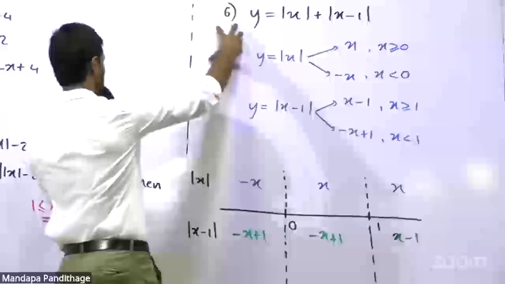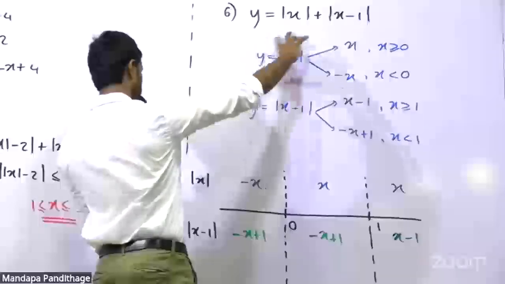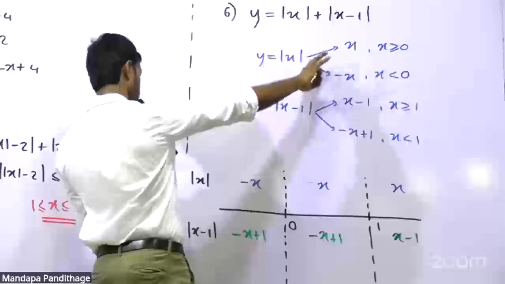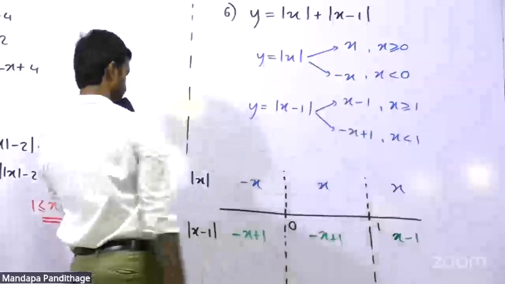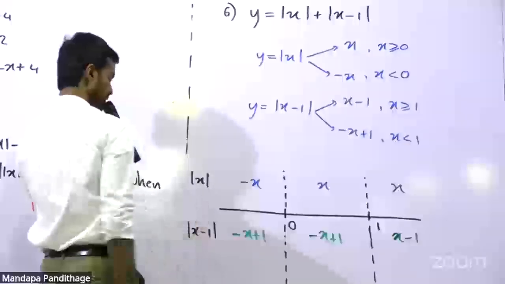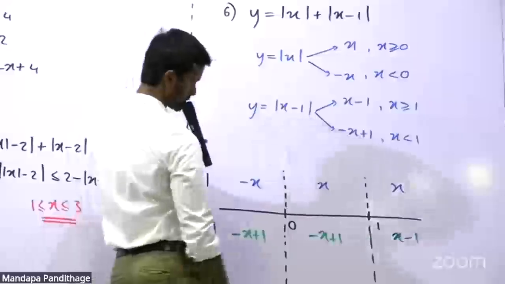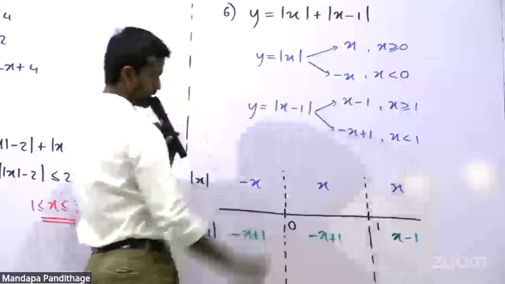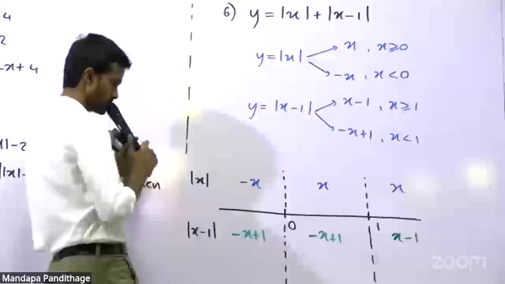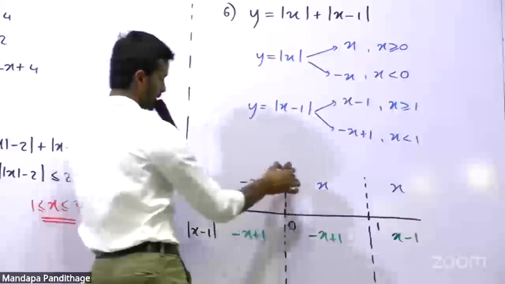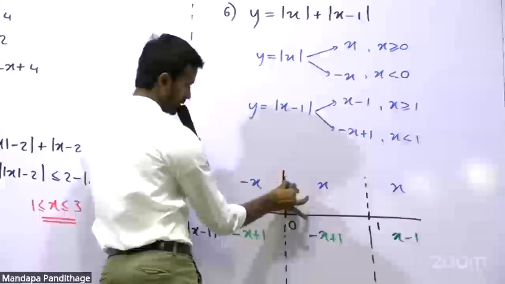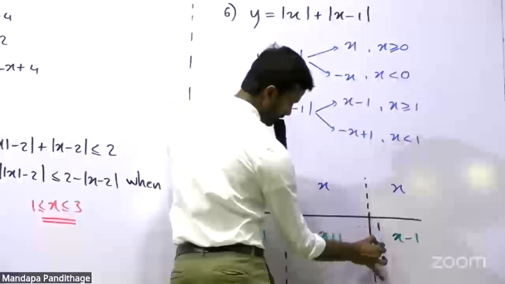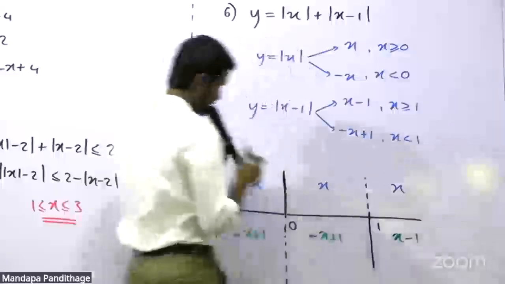Okay, then do question number 6. So when you separately consider these two, you get this. Consider the three regions: less than 0, in between 0 and 1, greater than 1. So this is the turning point of modulus x, and this is the turning point of modulus x minus 1.